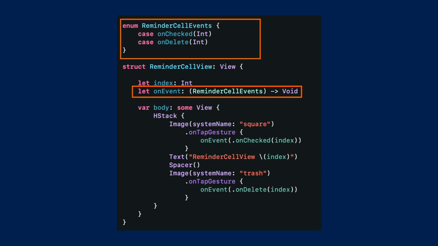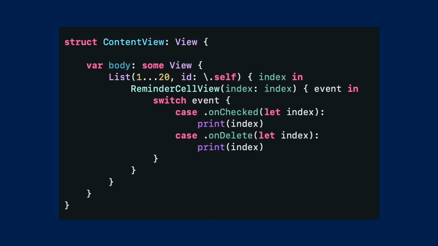So this makes it a little bit simpler for the caller to call this and for the consumer to consume this. And here's the calling side. You can see reminder cell view. Now we are switching on the event, on checked, on delete, a little bit cleaner because we're not passing like 30 different closures or 5 different closures.